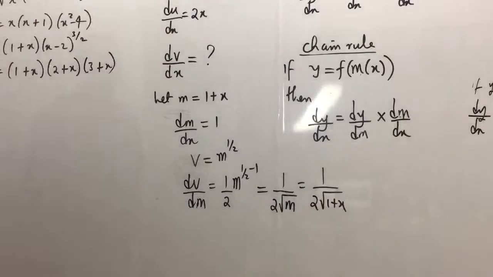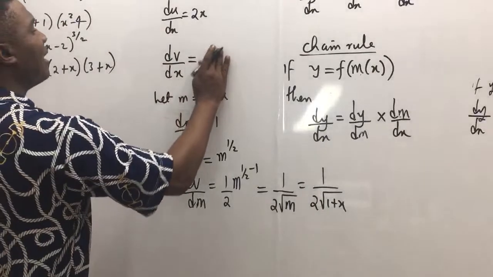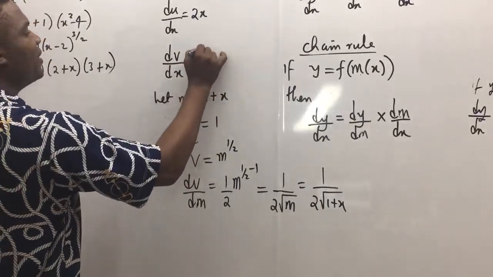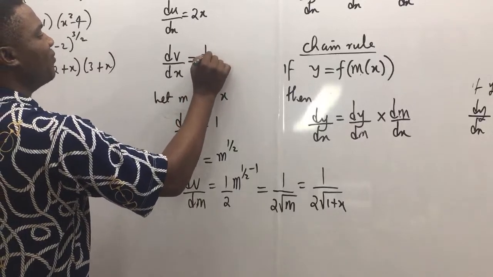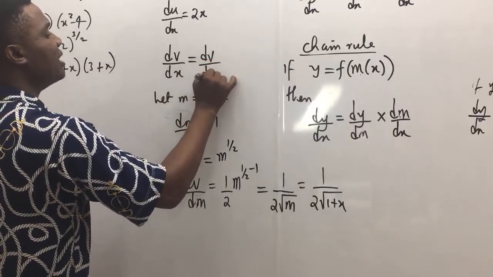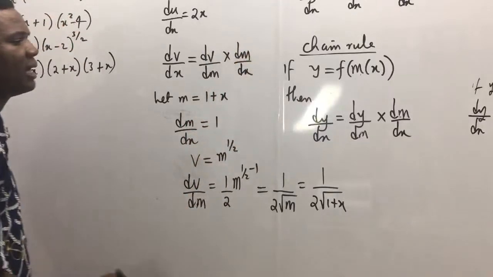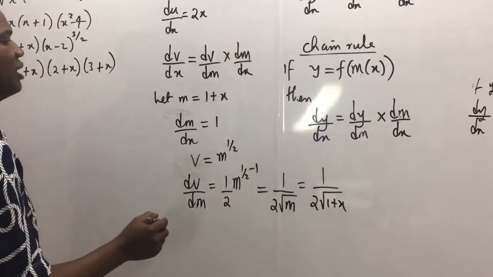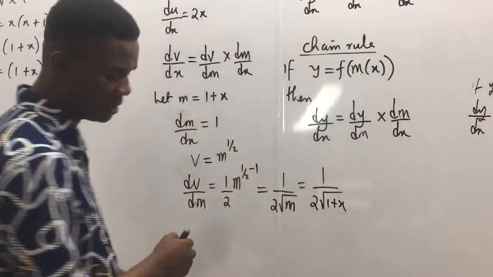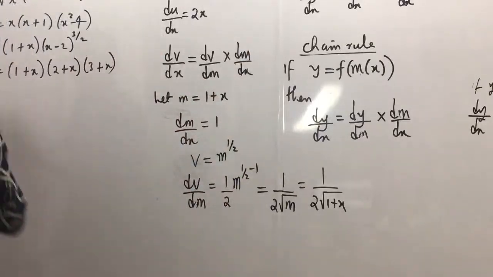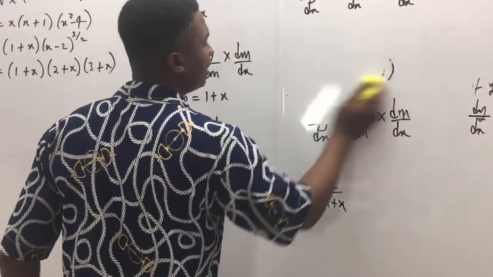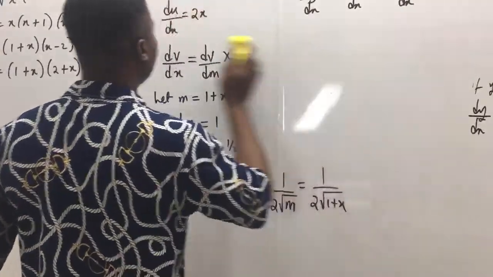So now I can come over here to obtain dv/dx. I can now say dv/dx is the same thing as dv/dm times dm/dx. Okay? And that will give me this solution.